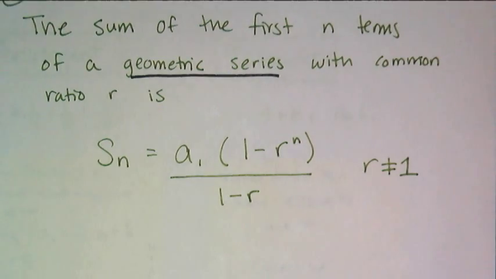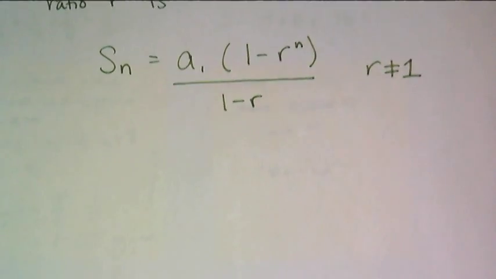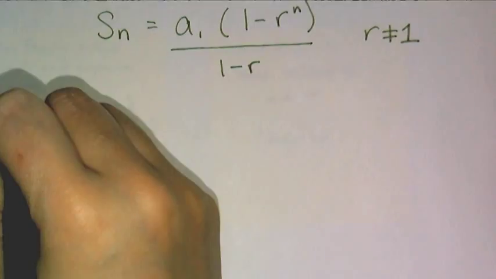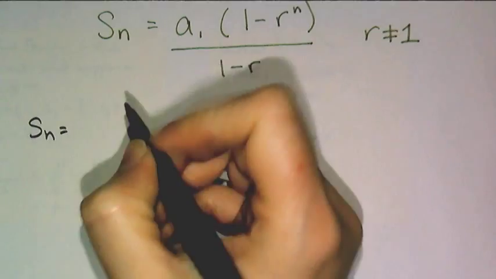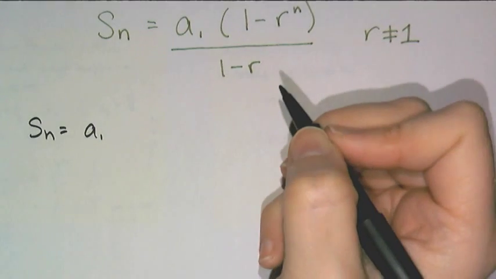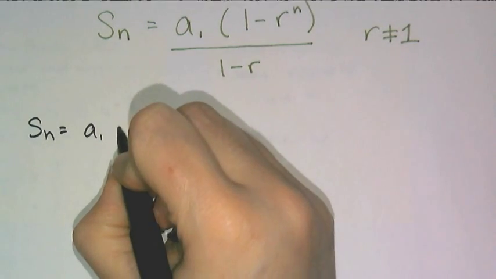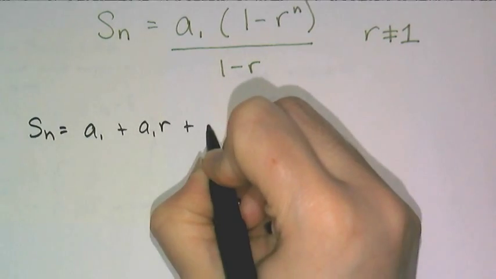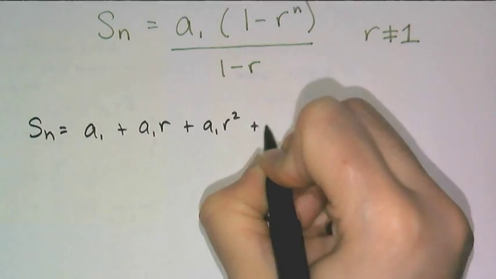And I'm going to derive this formula for you now in a very similar way as I derived the last one. I'm going to take s sub n, the sum, which in this case, since it's geometric, has a multiplier. So it's a sub 1 plus a sub 1 times r plus a sub 1 r squared plus dot dot dot.